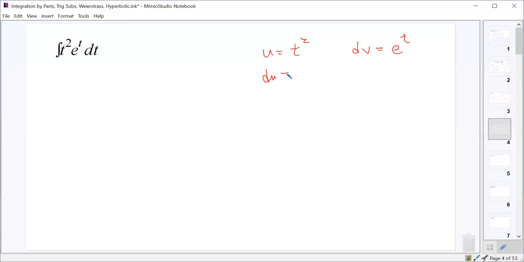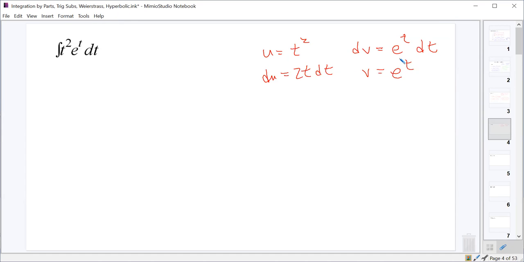So what should du be? Wait, shouldn't there be a dt on one of those two? Oh, sorry, yes, dt on my dv. So what should my du be? 2t dt. And what should my v be? e to the t.